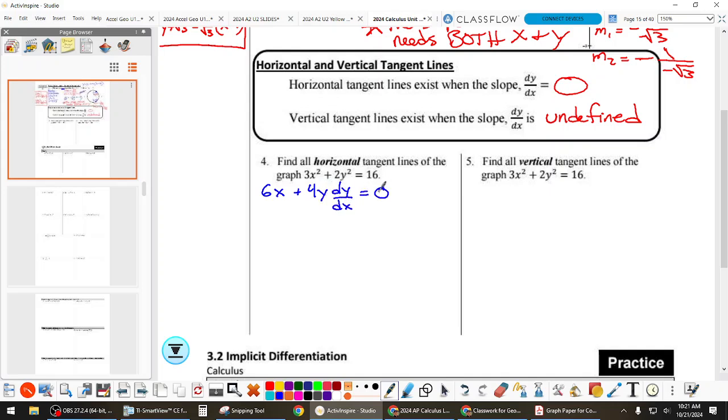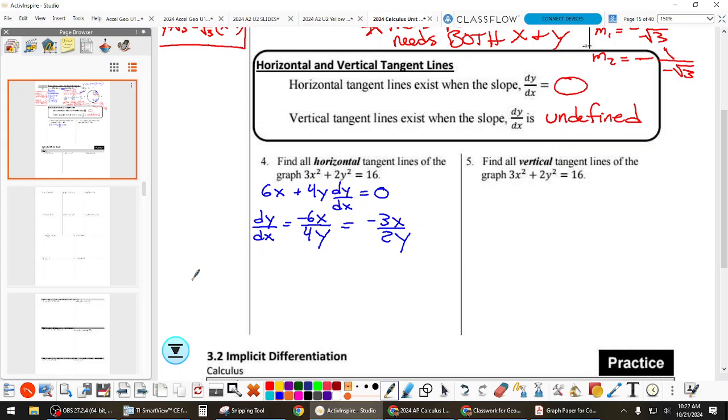Don't forget the derivative of a constant is 0. So I think, Aiden, you had gotten it to this point, and then just forgot to isolate dy dx, which is a fair bit of the work sometimes, that algebraic manipulation.